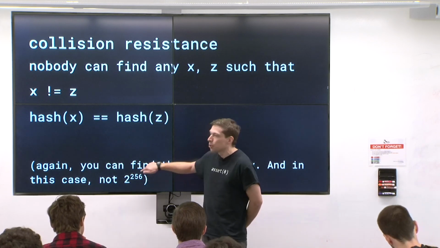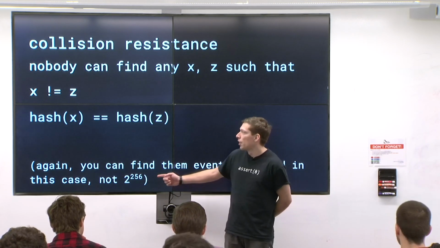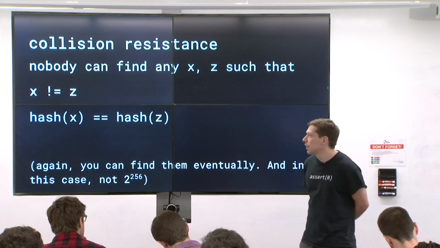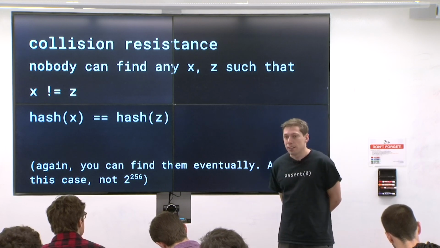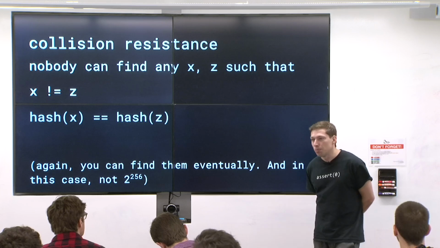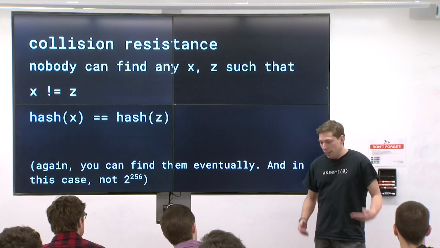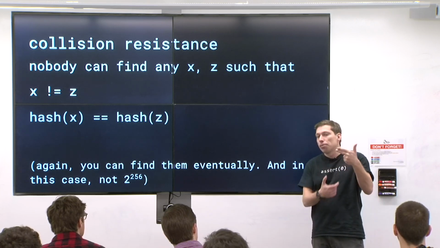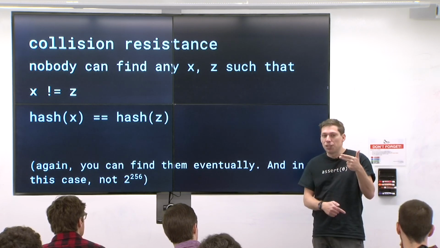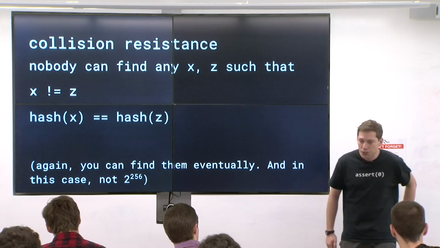So you need to take the square root of the number of attempts in order to find this collision. The intuitive reason is, you just start trying things and keeping track of all their hashes. There's what's called the birthday attack: as you keep trying them, there are more possibilities. The next thing you try can collide with any of the things you've tried before. And so you actually only have to do the square root.